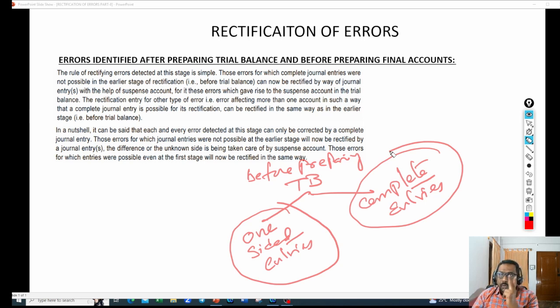Two reasons. One, those errors have impact on one single account or one side of the account.